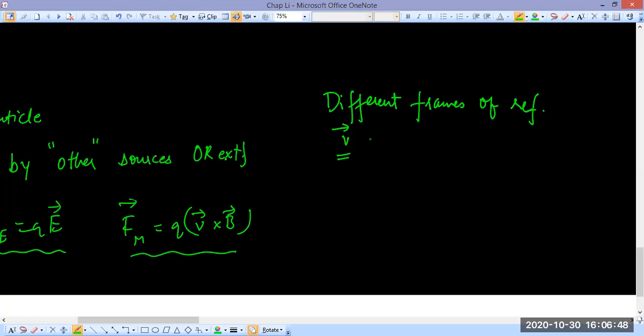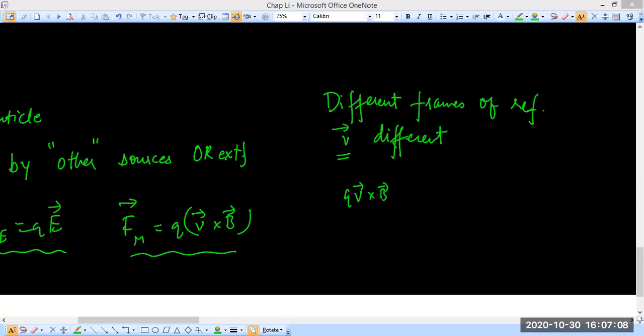So if velocity is different, then qv vector cross B vector will also be different, right? In fact, this is what inspired Einstein to think about the theory of relativity. This is what is necessary to understand the theory of relativity.